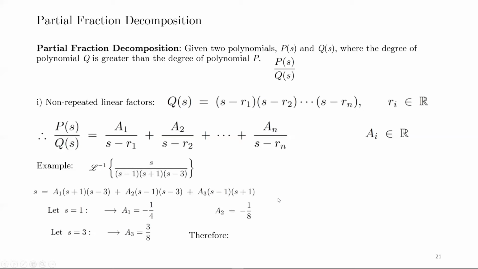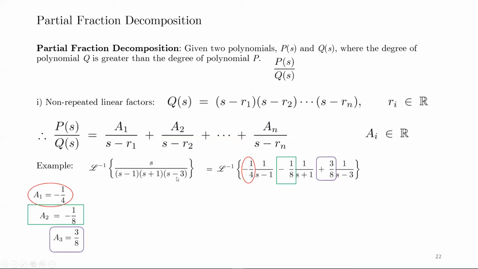Therefore, we were taking the inverse Laplace transform of the original function, S over this thing here. We can write that as A1 over S minus 1, so negative 1/4 over S minus 1, plus A2, which is negative 1/8, so negative 1/8 over S plus 1, plus A3, 3/8 over S minus 3.